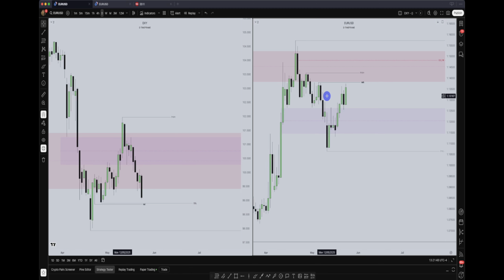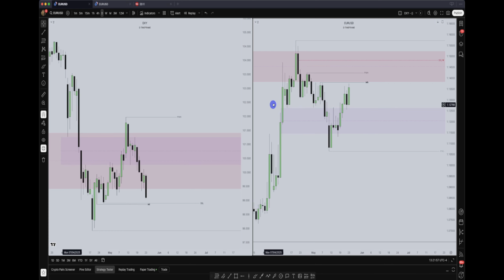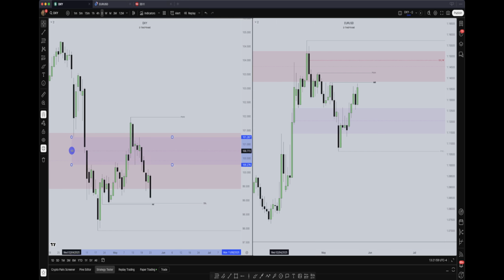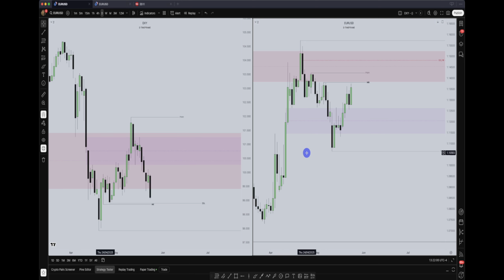Next week we have important high impact news, so we can expect a lot of movement. On Monday I think is a holiday, so better don't do anything, just wait for Thursday. Right.